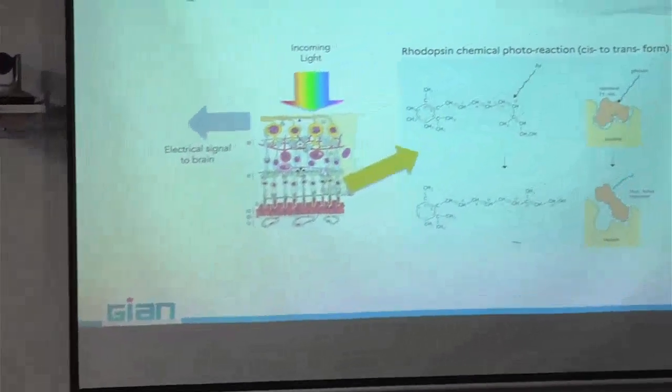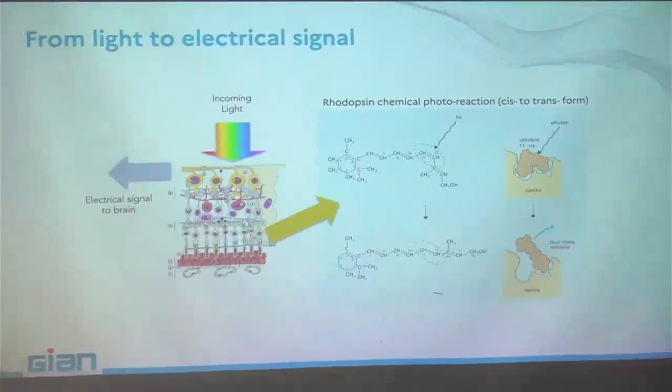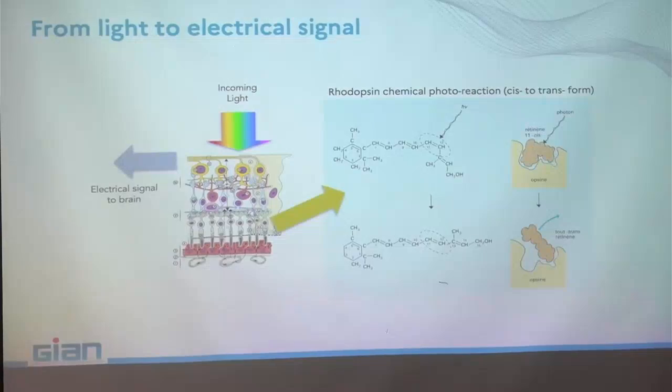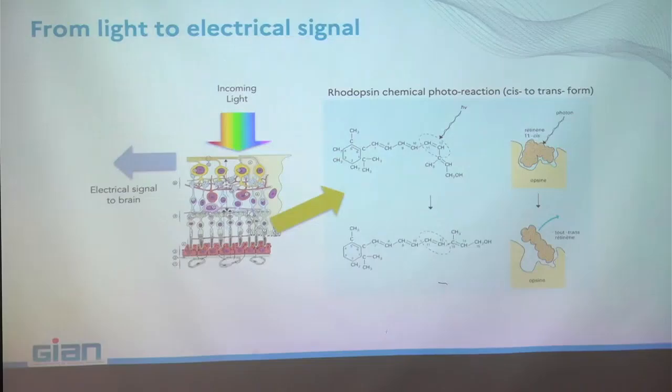And now imagine that the molecule is inside the photoreceptor. When the photon hits there, it is changed in form, and this change of form will trigger here a small electrical impulse.